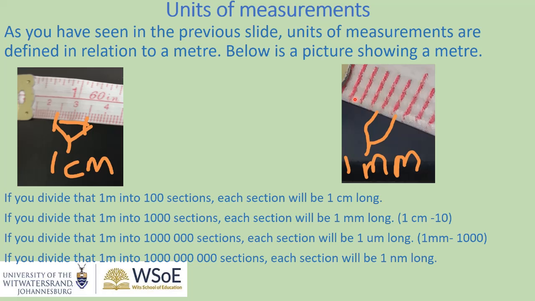That's how small a micrometer is. Dividing this one into 1,000 sections, and one section will be 1 micrometer. So I thought you have an idea of how small a micrometer is.